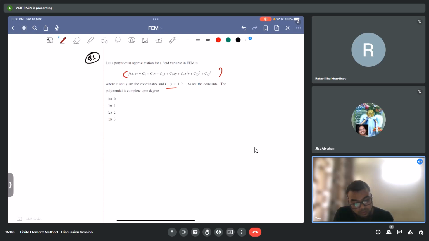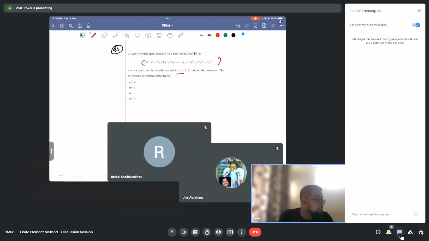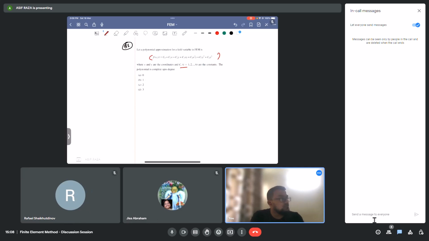The polynomial is complete up to degree, and the options are 0, 1, 2, 3. So what will be the answer? Rafael has said option B, as well as Abraham. So yes, the answer is option B.